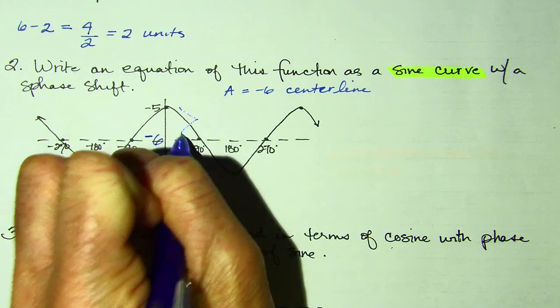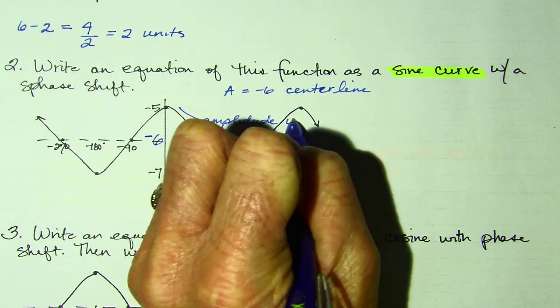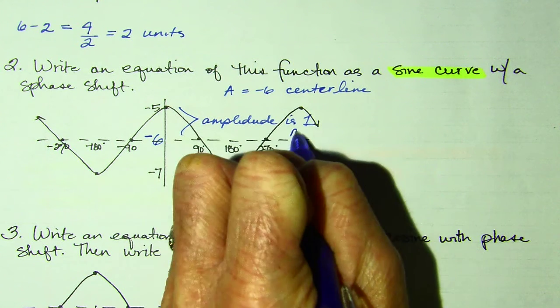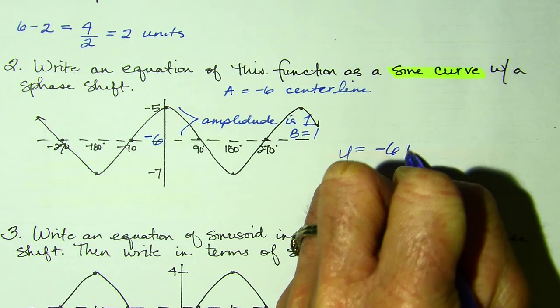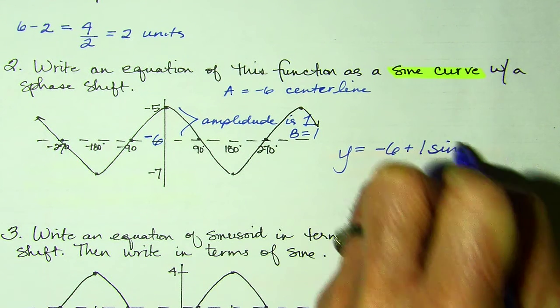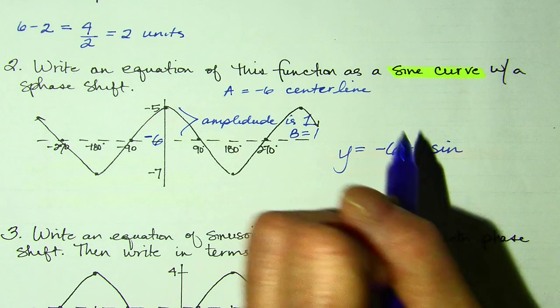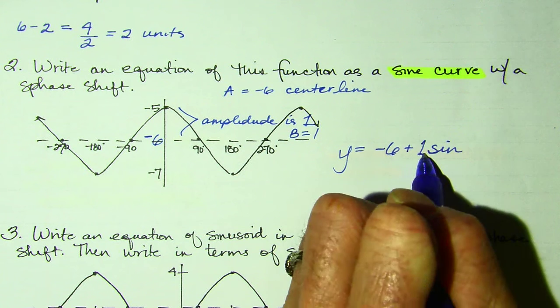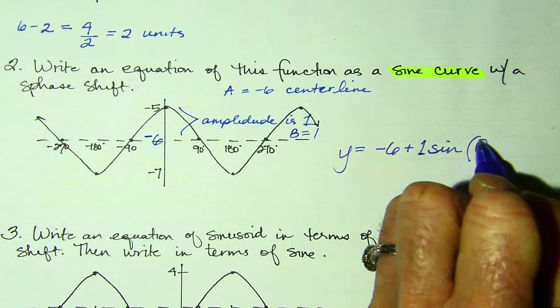My amplitude is 1, so B equals 1. So far I have y equals my center line plus 1 sine. I don't need that 1 there, so you can erase it, but you also could leave it there. And I'm going to make it look like a 1 and not an L. Okay, now it's in degrees, so I know I'm going to use theta.